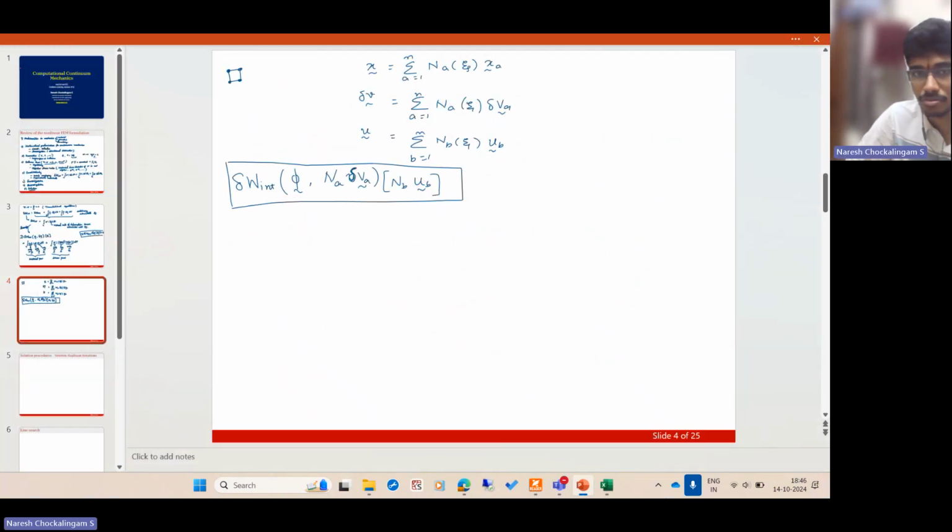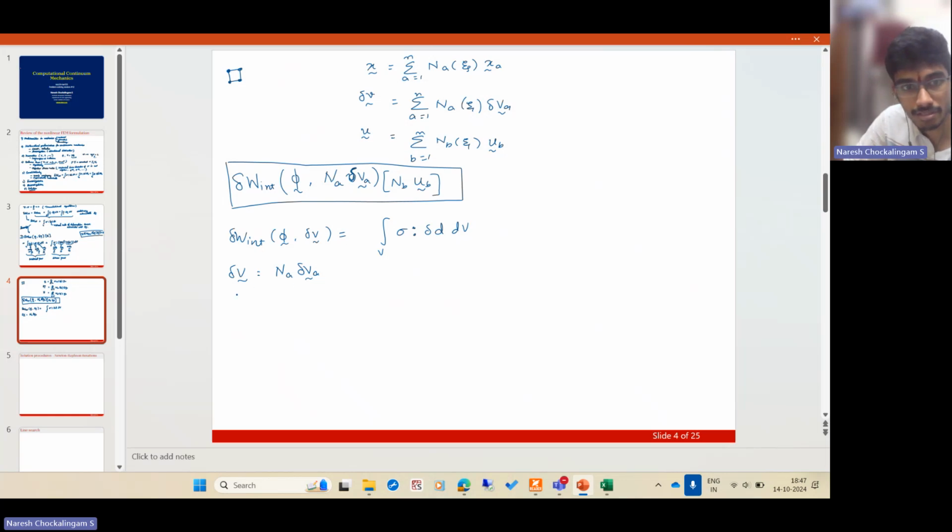Okay, anyway, let's just do it. We have the expression for del W internal of phi comma del V, which is nothing but the integral of sigma contracted with del D dV. We have said del V is equal to NA del VA.